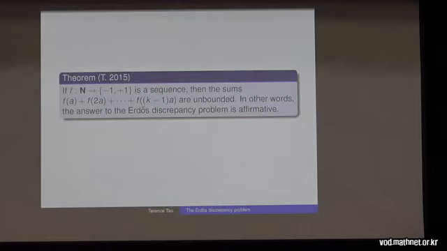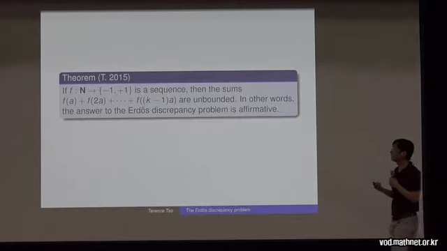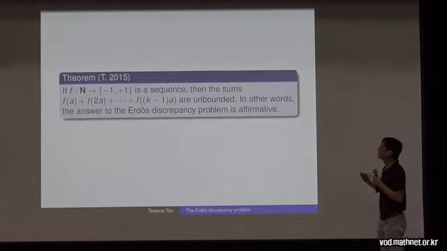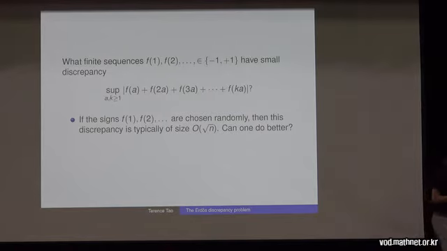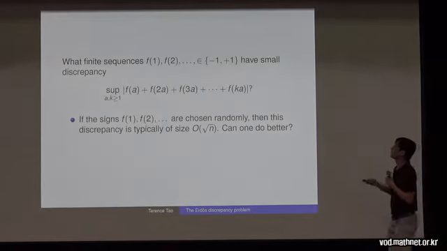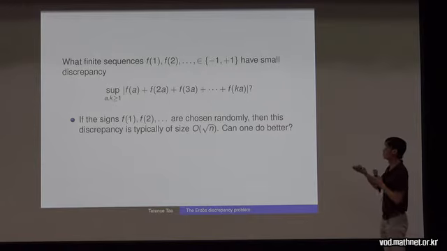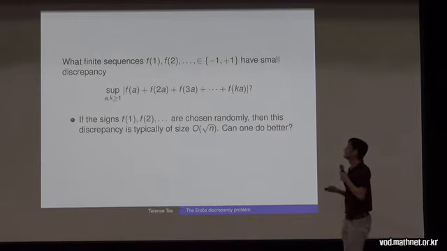One of the reasons why this problem is hard is that the answer is almost yes. I mean, the answer is almost no. There are actually lots of sequences that are almost bounded discrepancy. So not the random sequence. If you pick random signs ±1, a sequence of length n, random sequences have discrepancy about root n.